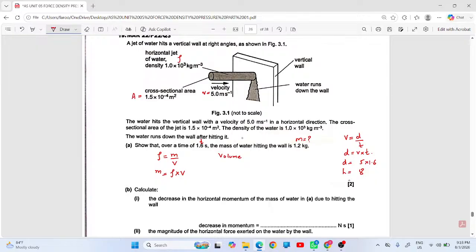और वी हैव टू फाइंड आउट द वॉल्यूम. वॉल्यूम होता है, इधर लिखता हूँ, एरिया इनटू द लेंथ और हाइट. एरिया है बच्चे 1.5 × 10 raised to power -4. We have to find the volume. Volume is not given. And length is, length आपने बताई है 8 है.